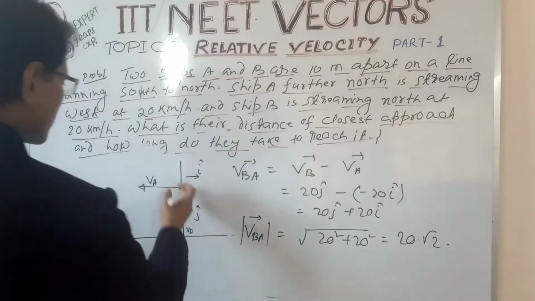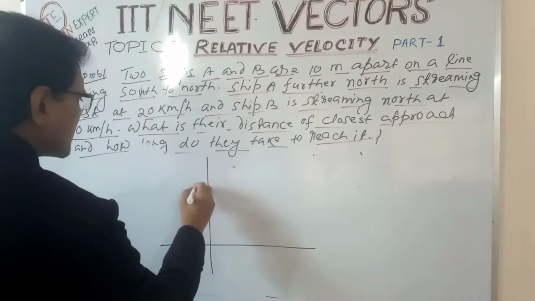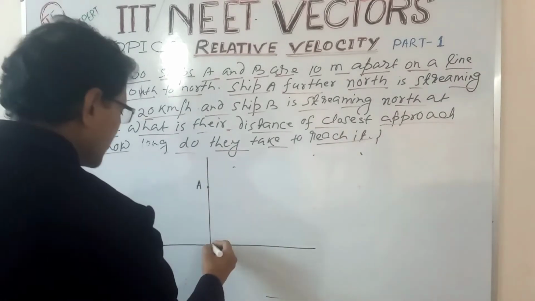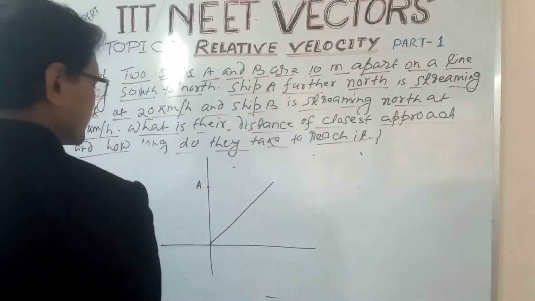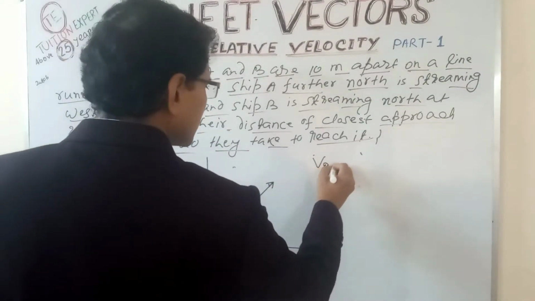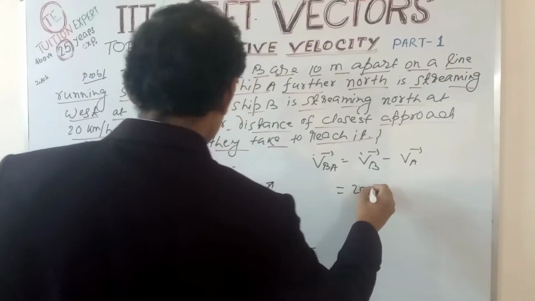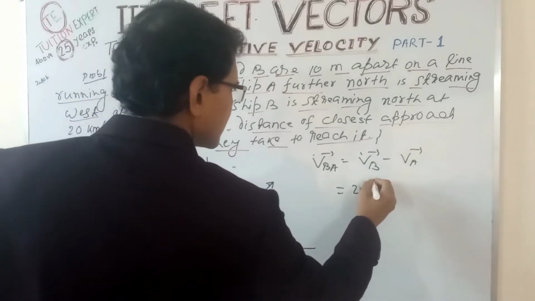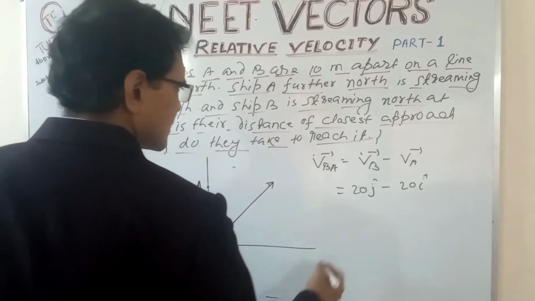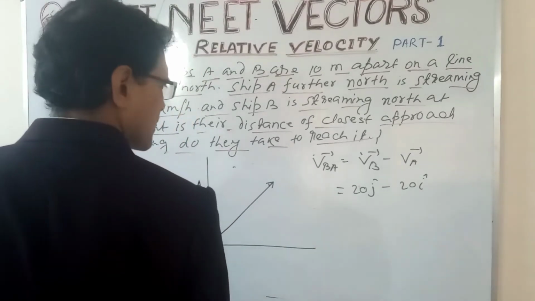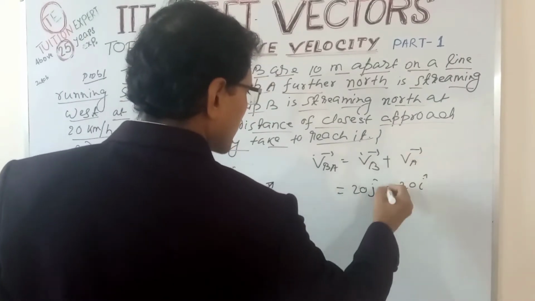Now to find the closest distance, we apply the technique. Suppose ship A is at rest, and the direction of VBA is along this. VBA equal to VB minus VA, which is equal to 20J minus minus 20I, that is plus plus.